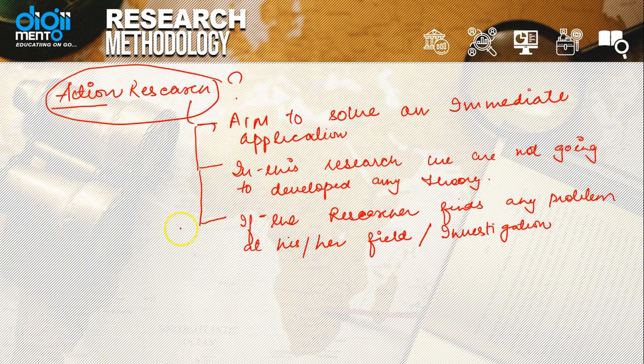Okay, so let's suppose you are working in a specified field, and you get into some problem. Okay, and you want some immediate action. That immediate action is applied by action research. Action research basically is not used to develop any theory. It's useful to solve the immediate applications which are faced by researchers in their particular area. Okay, so this is action research.